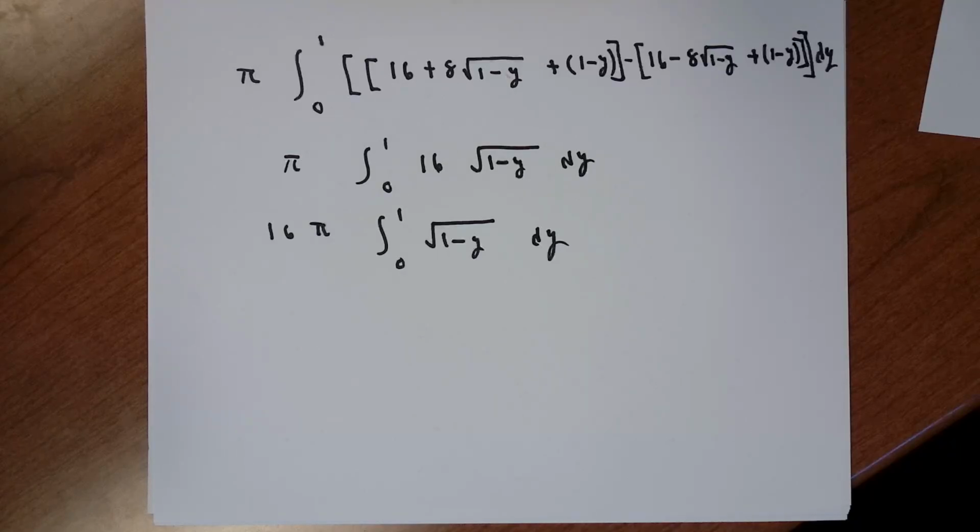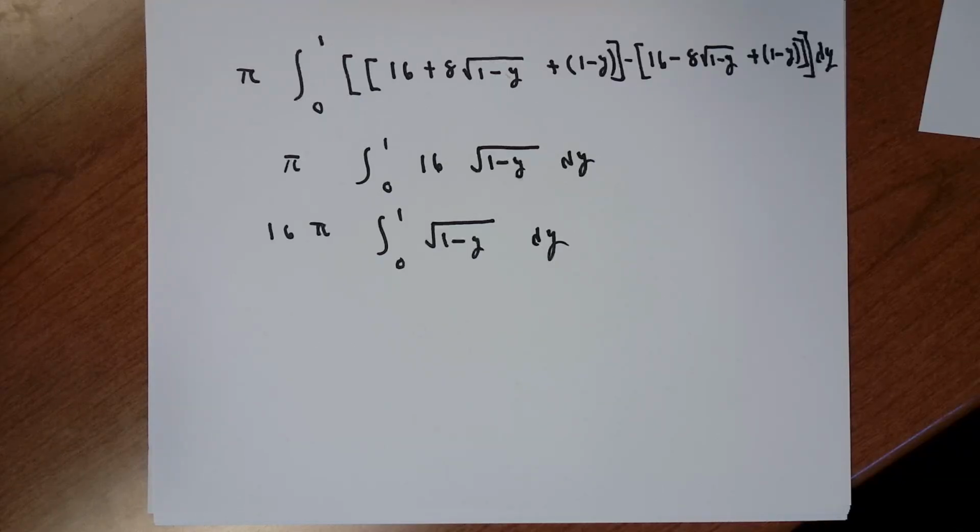There's at least a couple of different ways I could do this. One would be to just do a u substitution to get an antiderivative, express that back in terms of the original y, and then put y equals 0 and y equals 1 into it.